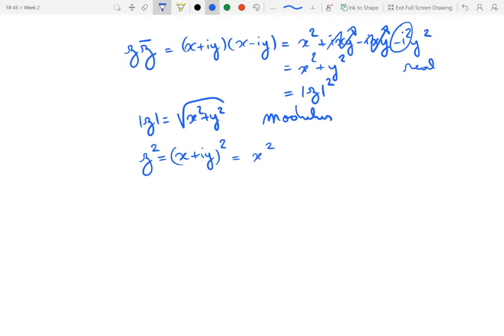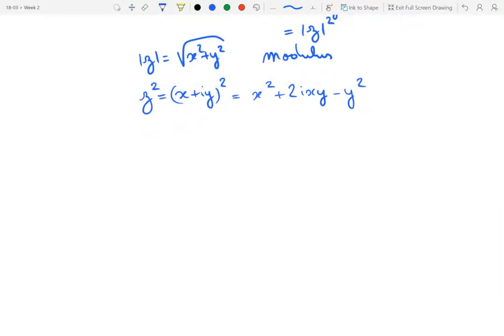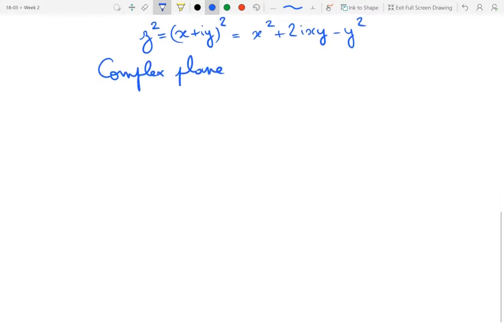Why? Because when you distribute, you get x squared plus 2ixy minus y squared, and that has a real and an imaginary part. So the next concepts are best illustrated if we move on to what we call the complex plane, and we go ahead and represent numbers in the complex plane. So how does that work?